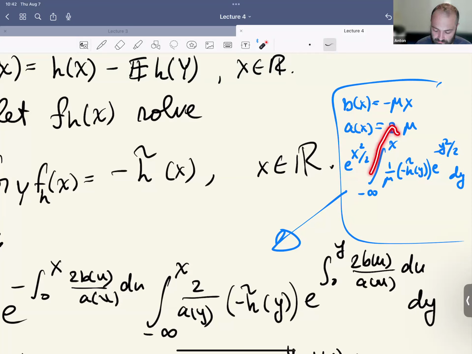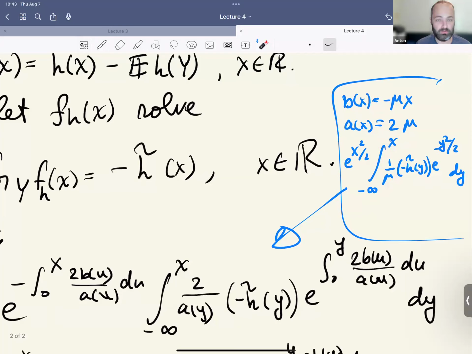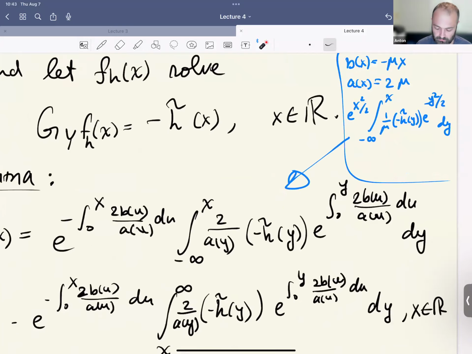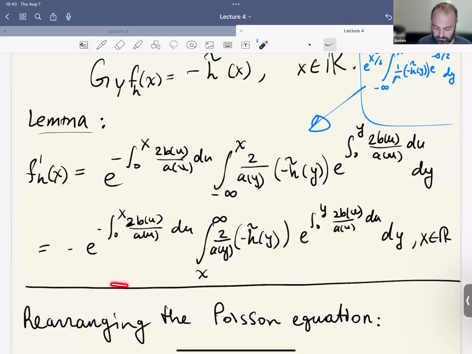Now, when x is very negative, you see why we would want to use these particular limits in the integral, because there is a chance that this integral is small when x is very negative. But when x is very positive, this integral is not small. Well, it's hard to show that it's small. Let's put it that way. And that's why when x is very positive, we use the second expression.